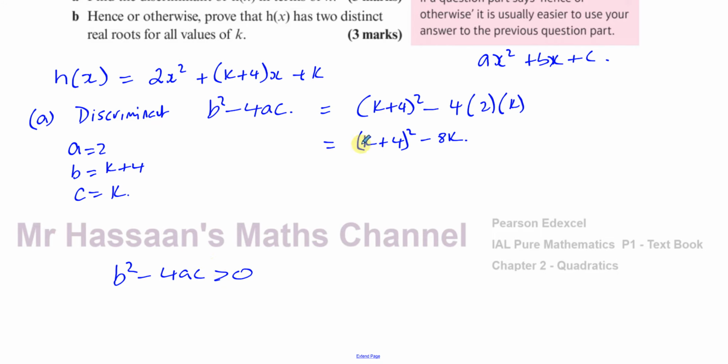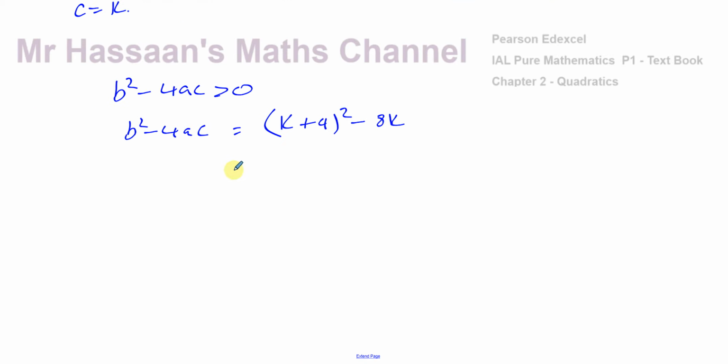So we've got to prove that this expression, b squared minus 4ac, which we've worked out as (k plus 4) squared minus 8k, is always greater than 0. How do we do this? Let's expand. You have k squared plus 8k plus 16.